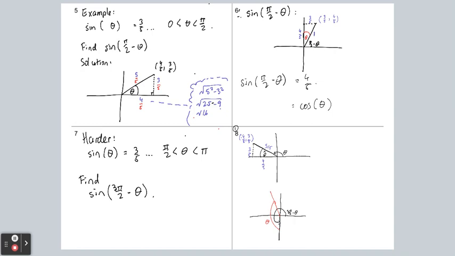So I'm going to label that with theta hat, and I'm going to do the same thing as I did last time. I've got theta hat here. I'm going to make my right angle triangle here, and I'm going to look at the corresponding values. So opposite theta hat is this little side here. Opposite theta hat is 3/5. So I can fill in 3/5.